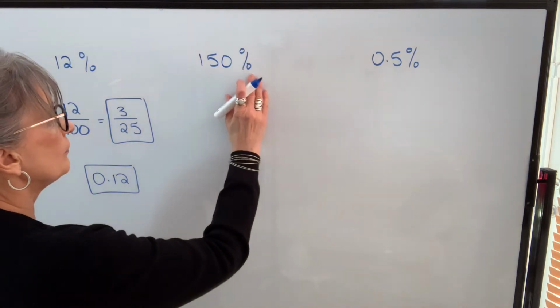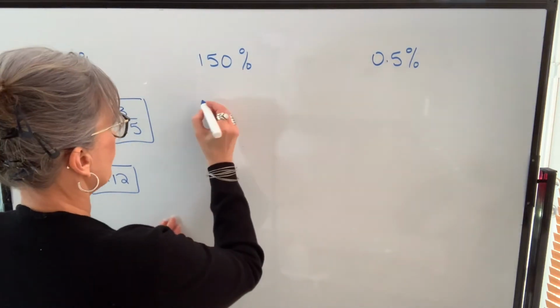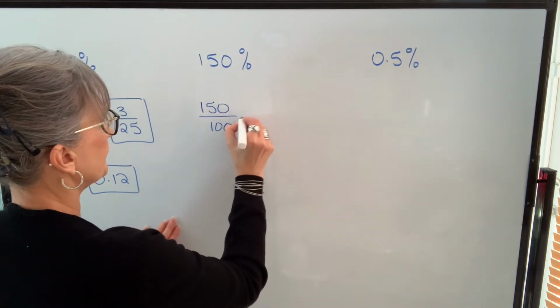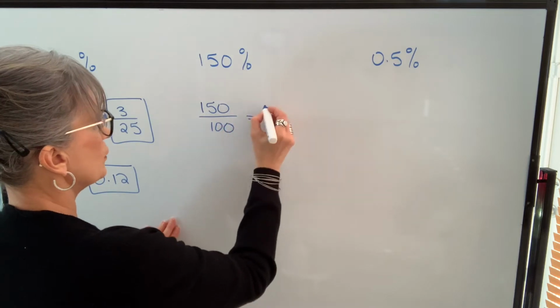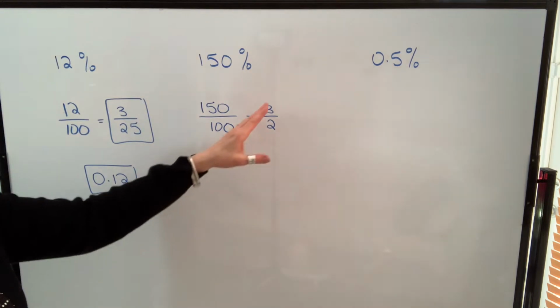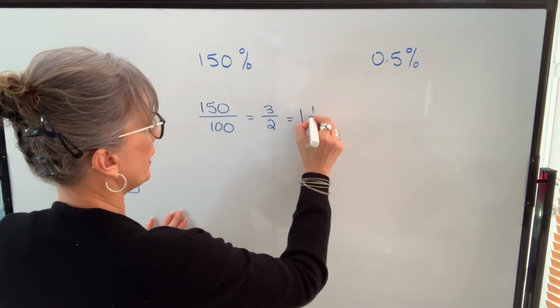If we had 150% and we were asked to change that to a fraction or a decimal, as a fraction, I would put it over 100 and then I would reduce. So 50 divides into the numerator and the denominator, would reduce to 3/2, which we could express as 1 1/2.